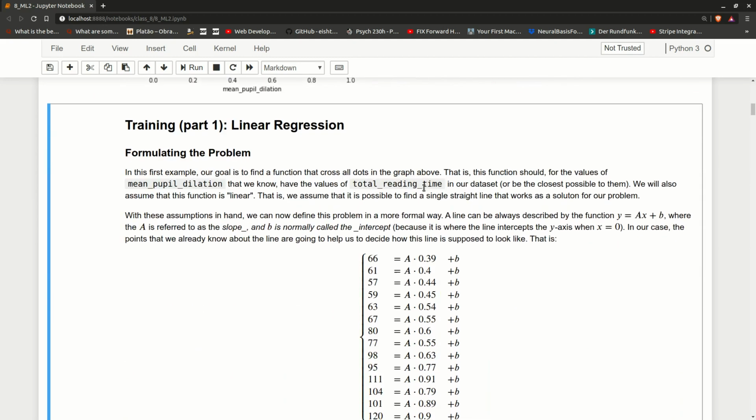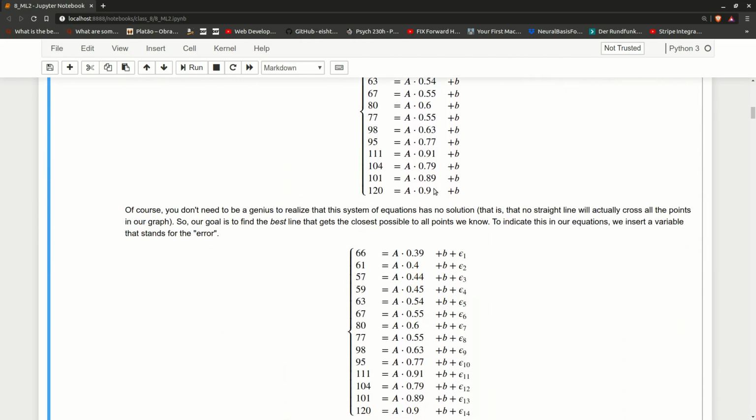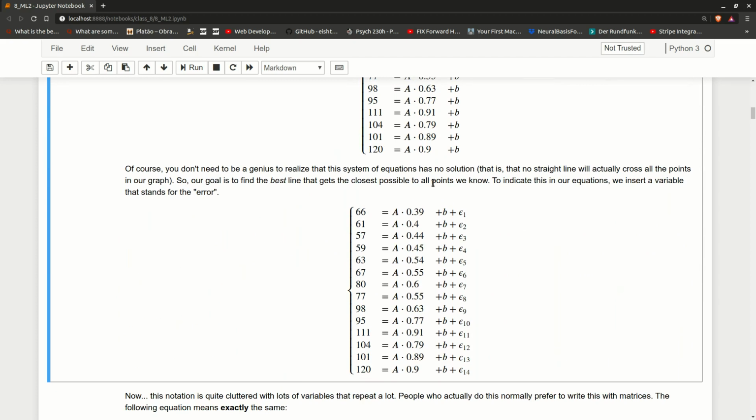So how do we do this? Well, we can include into this system of equations an error variable. This error variable is that distance that I was showing you.